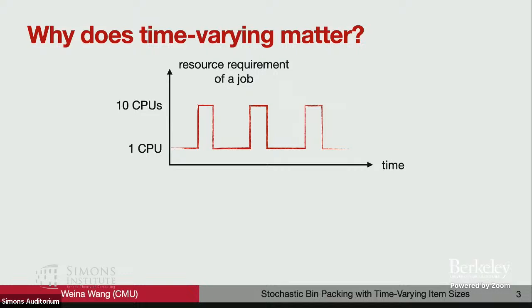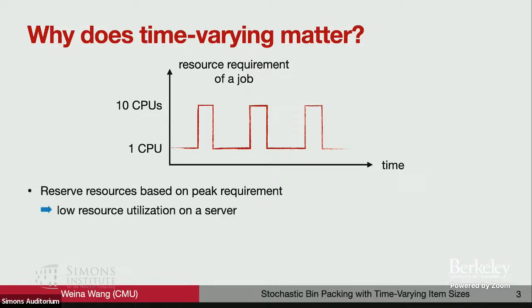But if we allocate the resource based on the peak requirement, then a lot of resource we reserved for this job is going to be idle, and we are going to have a very low utilization on each server, which means we may need to have a large number of active servers.